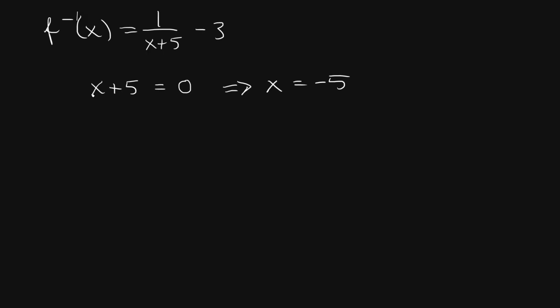Therefore, we know that the range of the given function is the set of real numbers except -5. So the range is the set of all y's that are a member of the real numbers such that y is unequal to -5.